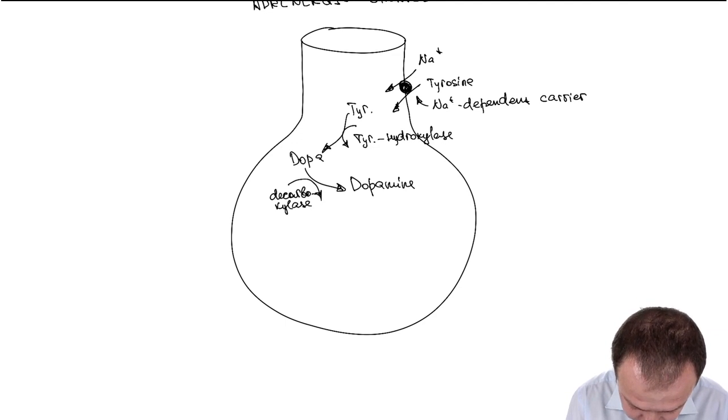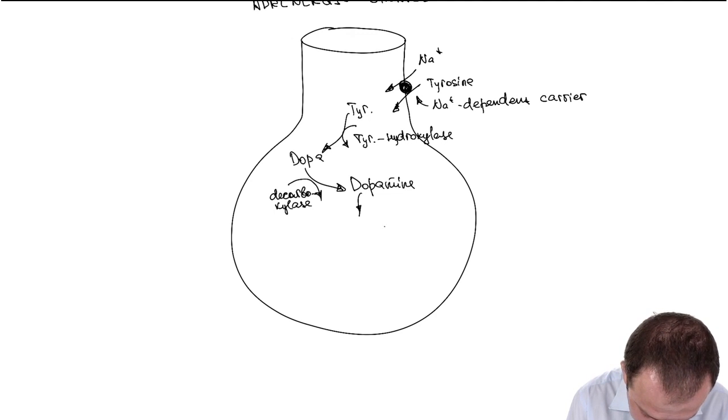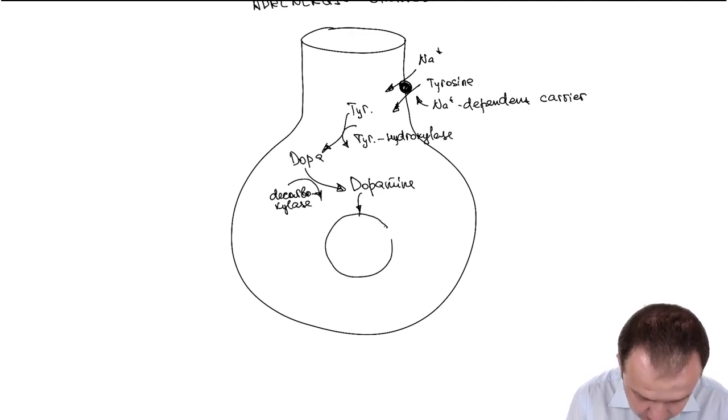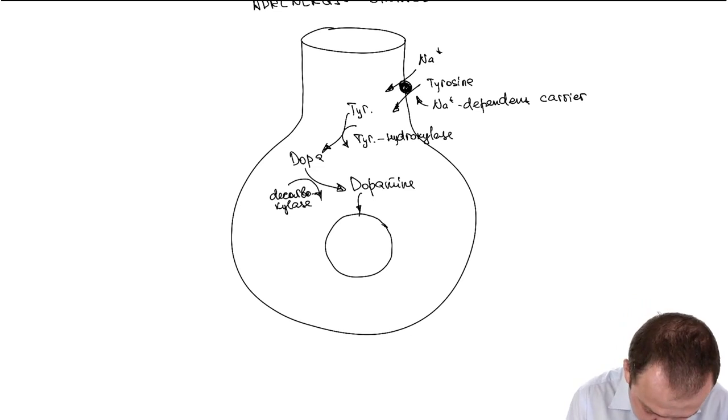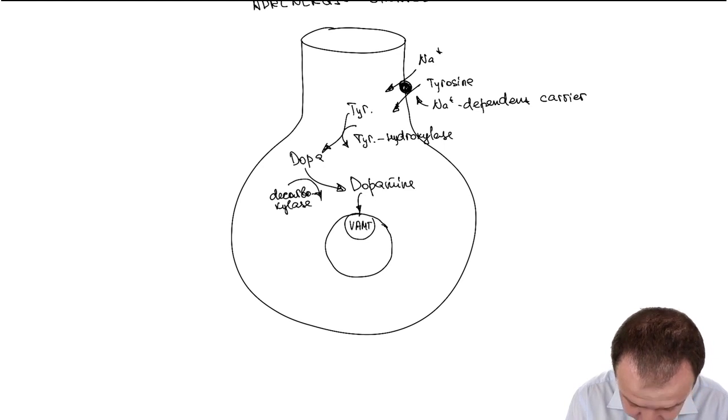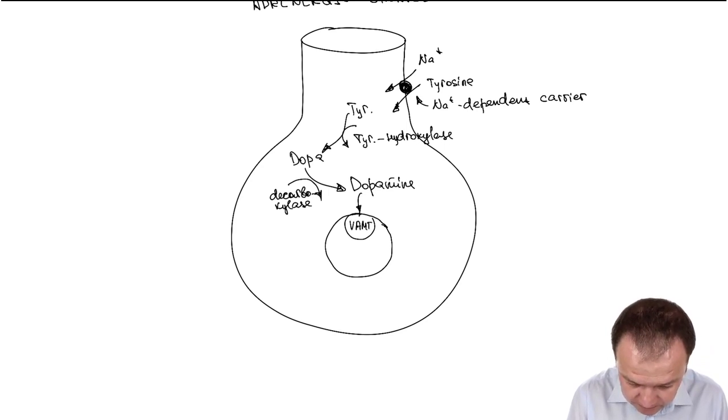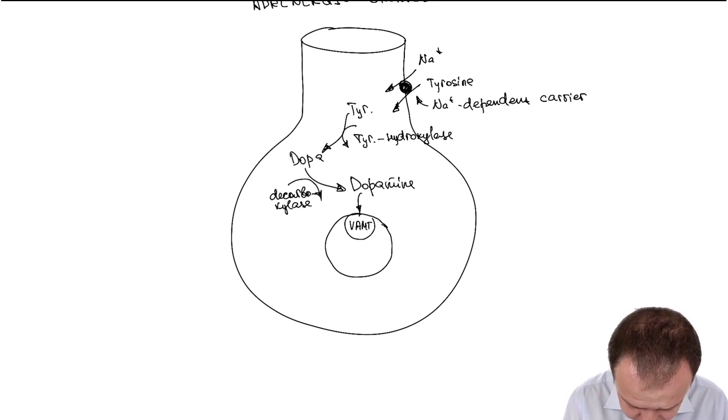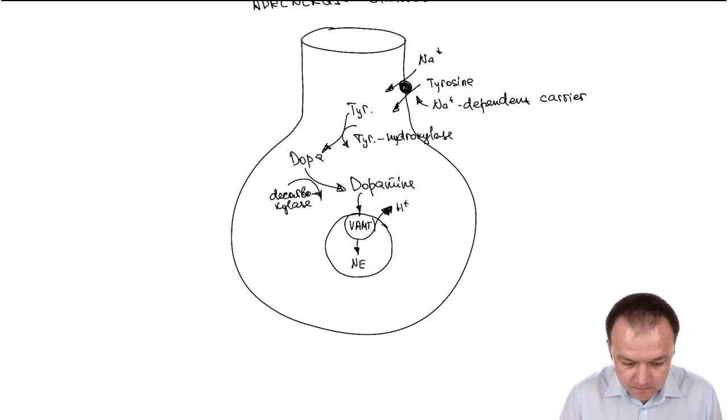So dopamine goes inside the vesicles, but here we have the vesicle-associated monoamine transporter. This vesicle-associated monoamine transporter pumps dopamine inside, and inside we have conversion of dopamine to norepinephrine. It also pumps out hydrogen ions.